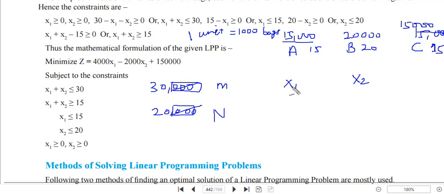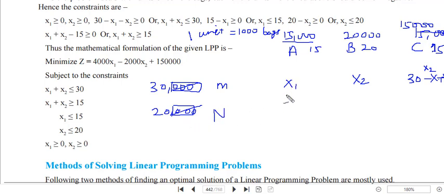But how much can it supply to C? It can supply only 30 minus X1 minus X2, because it has only 30 units available and X1 is supplied to A and X2 to B.